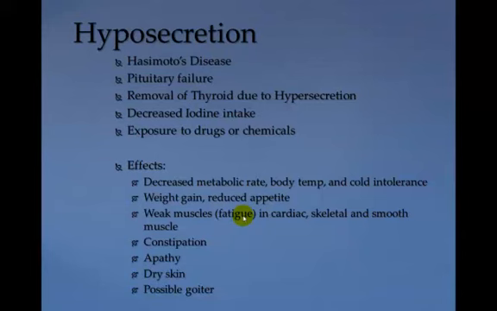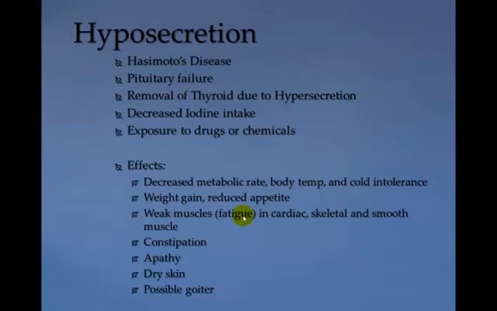And then when we're looking at the nervous system, we see that these individuals may be fairly apathetic. They may lack energy. They will have memory issues and cognition issues. They just may not be able to think. "I can't think about it. I don't get it." We also see dry skin, heavier than normal periods, and in some of these individuals, we may see a goiter.